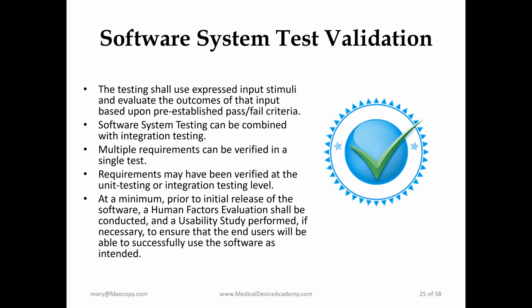And this testing should use expressed input stimuli, so real representative input of what the software is going to be seeing in actual use, and being tested against pass-fail criteria for that. It can be combined with integration testing. If you have multiple high-level systems that then operate together, then some of your integration testing might be part of the validation as well. But the operation of the system as a whole would be part of the validation.